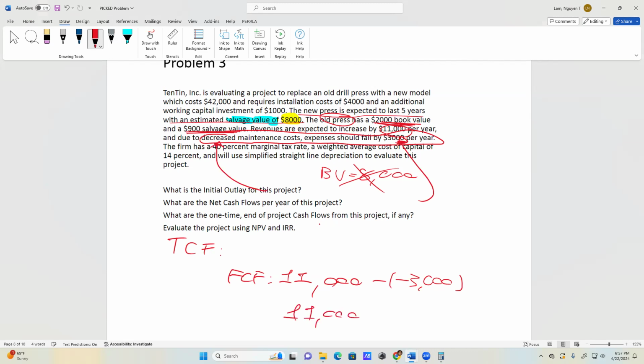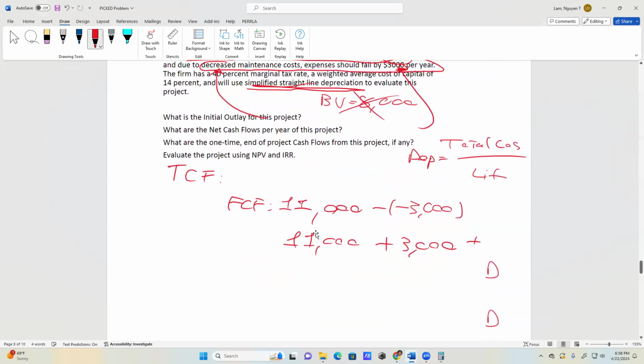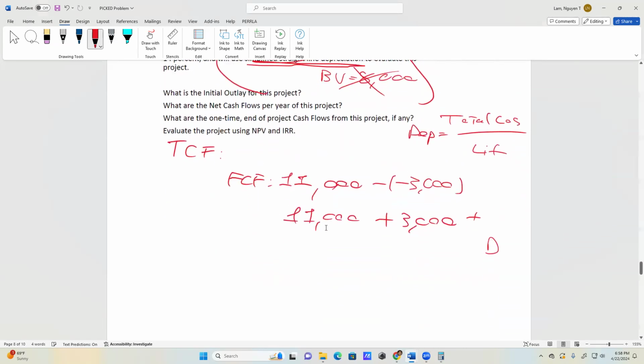So 11,000 plus 3,000. In this case, simplify with straight line depreciation, so it's just the total cost of the asset divided by its life. So you add depreciation, multiply with 1 minus tax, and then add back the depreciation.